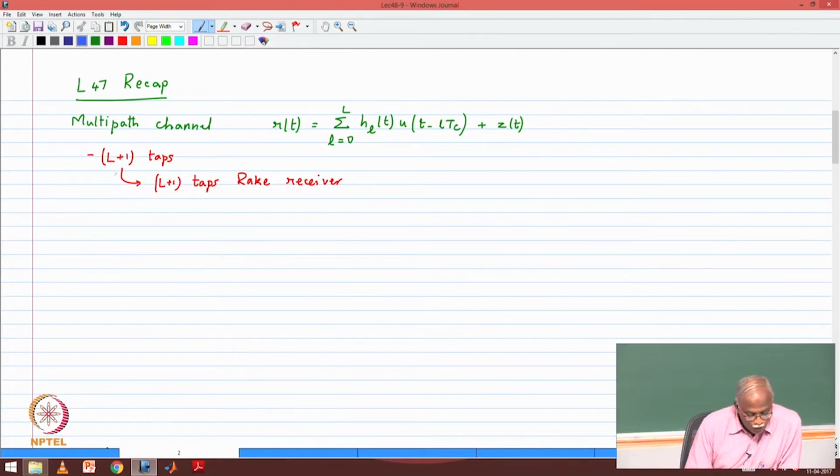The output, or the decision statistic, was obtained by combining the outputs of the different branches of the rake receiver.